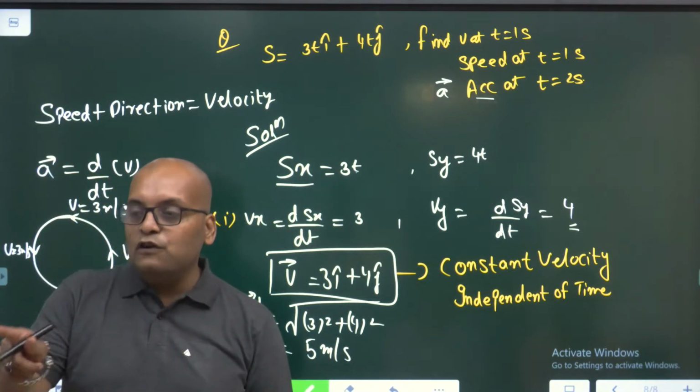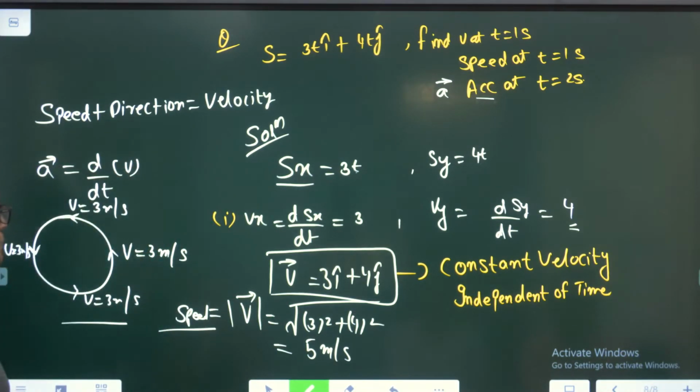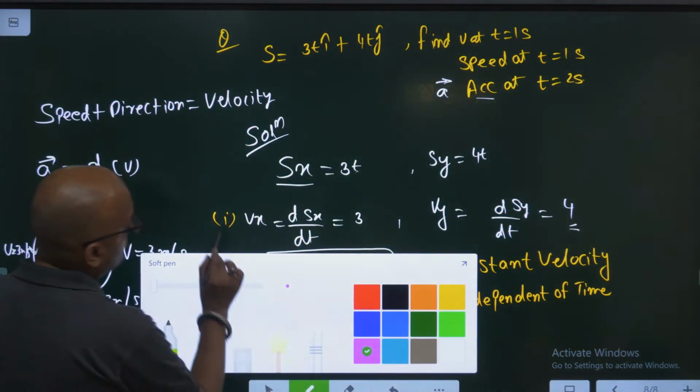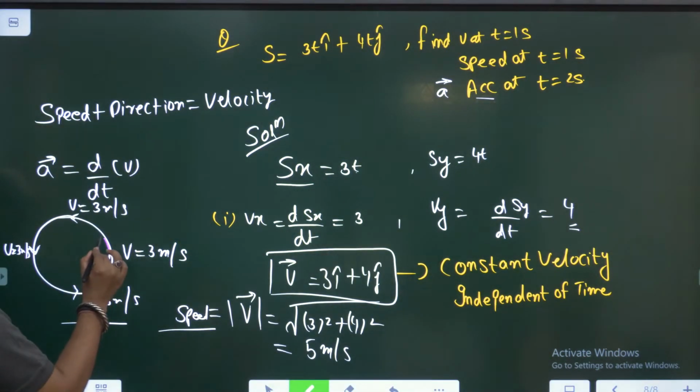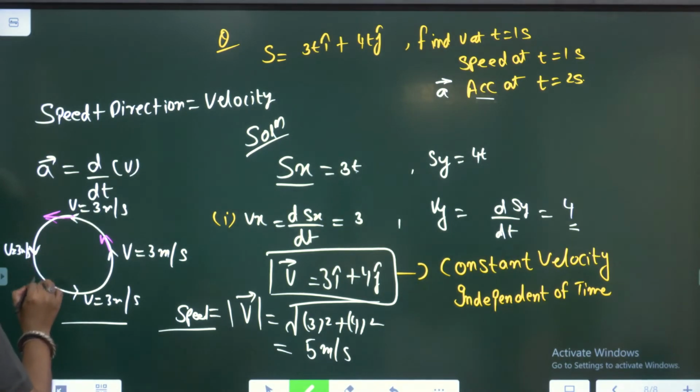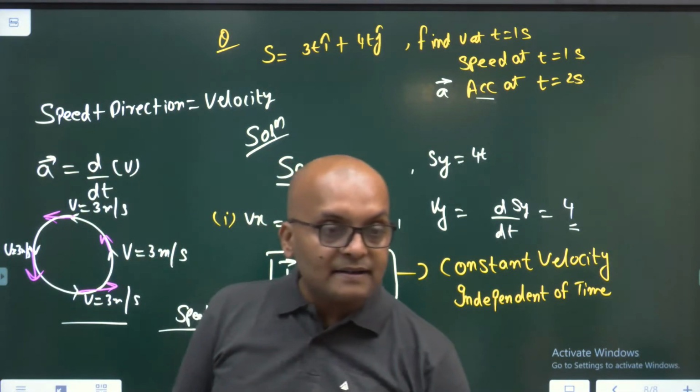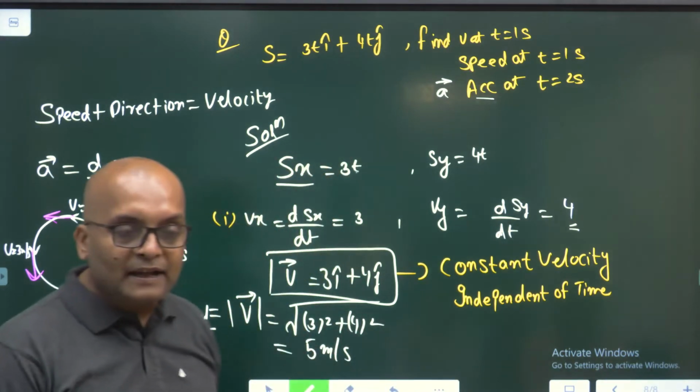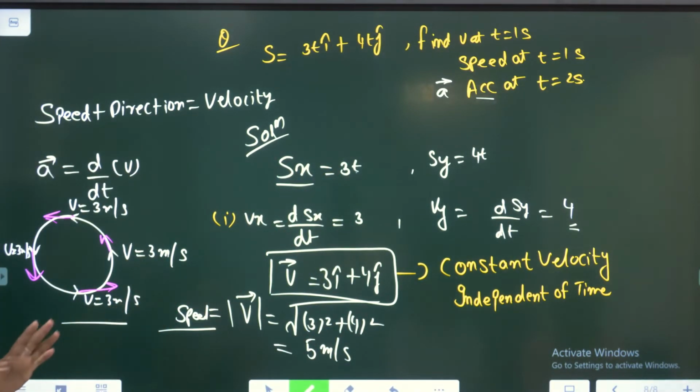But still, velocity will be different. Why? Because direction is different. This is the direction here, this is the direction here. So, vector is the summation of magnitude and direction. So, even though magnitude is same, but direction is different.